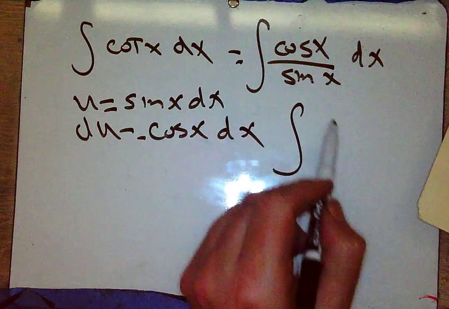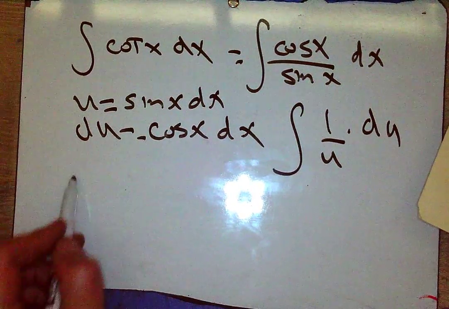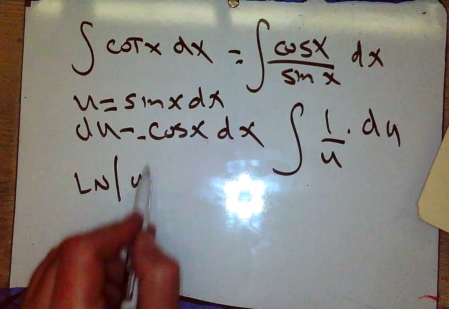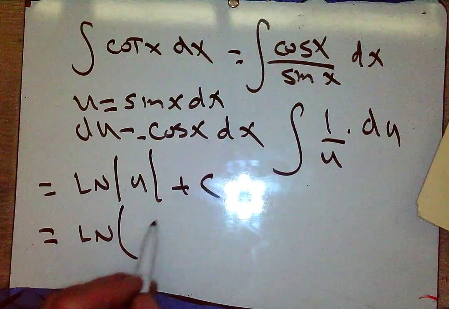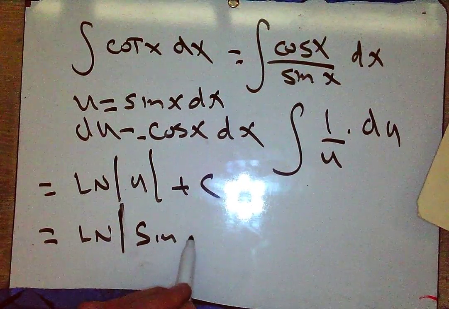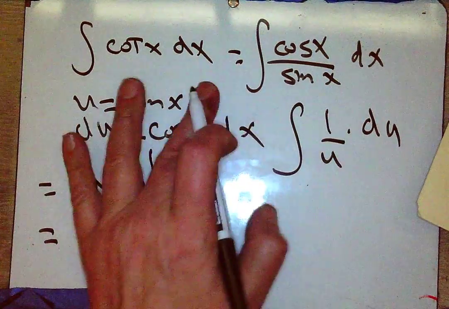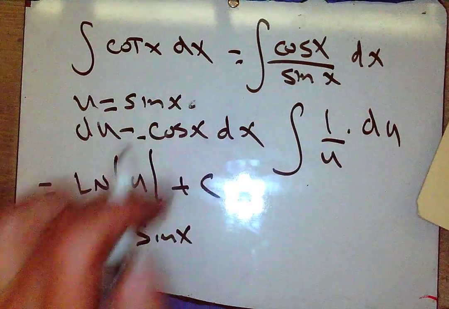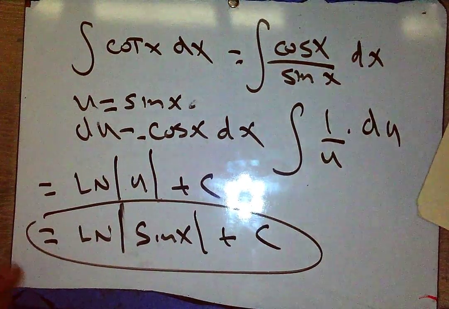So this can become the integral of 1 over u du, and we know that's going to be ln of u plus c, or ln of sine x, since u is that. Thank you. Plus c. There's my answer. Okay, next. Oh, that was it.